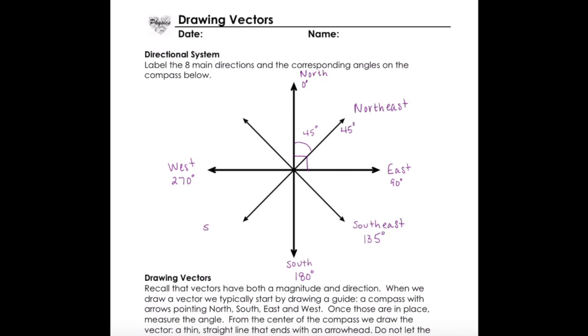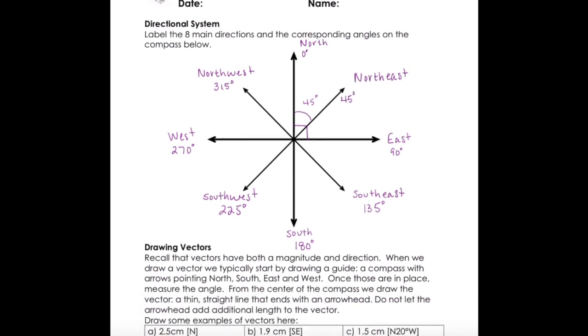We have the southwest, and it's at 225 degrees. And then we have northwest, and it is at 315. Okay, so those are the basic ones, and we're going to go through how we write down vectors with these different angles in a little bit.